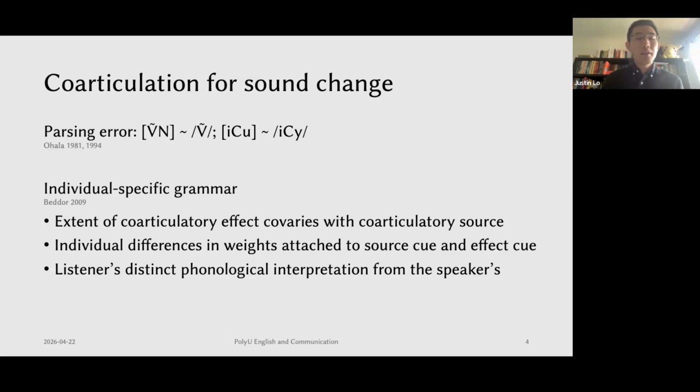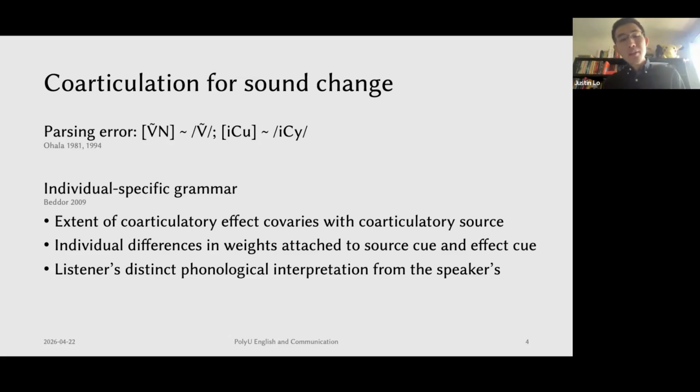Another more recent view is taken by Bador, that doesn't attribute the sound change as coming from some kind of error that the listener made, but instead talks about this in terms of individual specific phonological grammar.